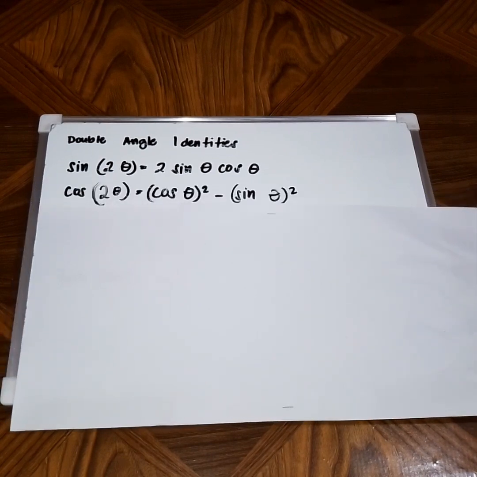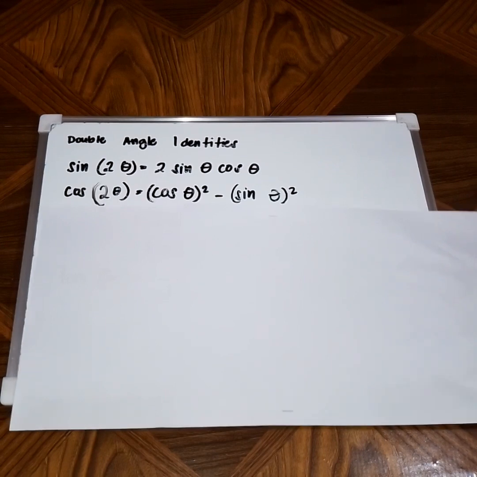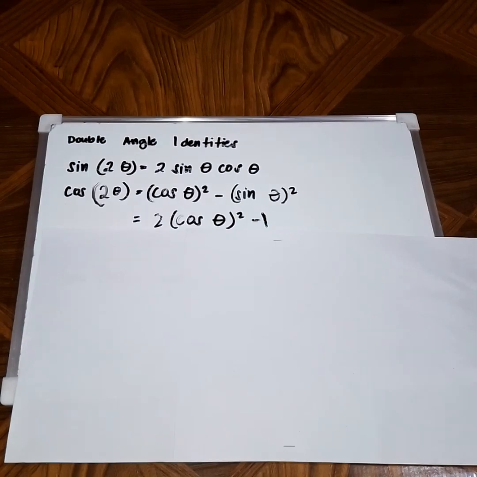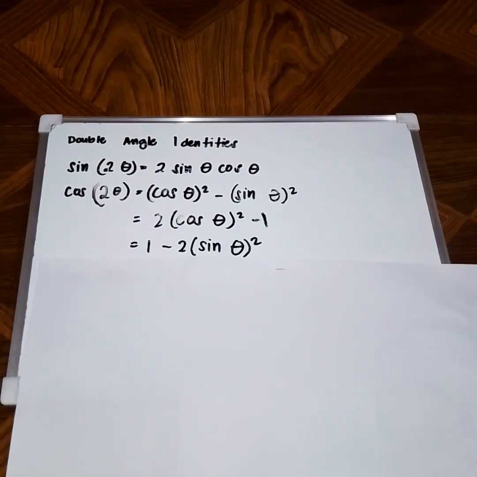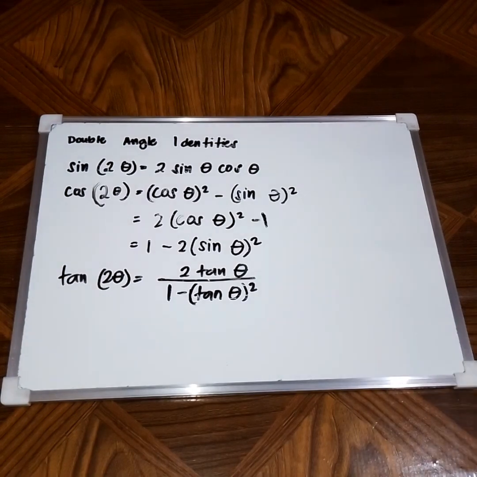Cosine 2 theta is equal to cosine squared theta minus sin squared theta, or pwede ring 2 cosine squared theta minus 1, and pwede ring 1 minus 2 sin squared theta. And lastly, ang tangent 2 theta is equivalent to 2 tangent theta all over 1 minus tangent squared theta. So, lahat ito, guys, ipo-prove natin today.